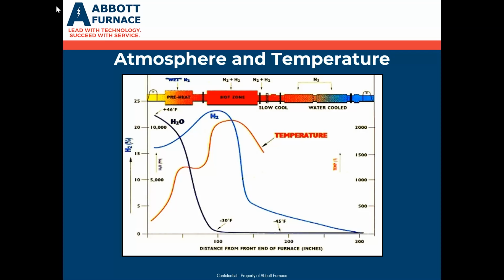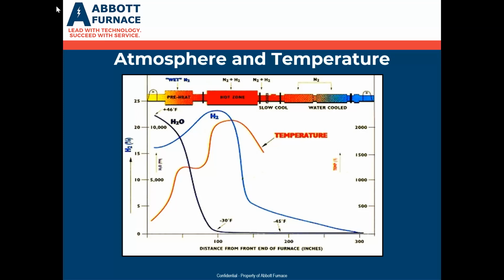So here we'll talk a little about the atmosphere and how it relates to the zones of the furnace and the temperature. Where we saw the graph, as we enter the furnace into the preheat, our temperature is gradually increasing, and if we're talking about sintering, this is where we're going to remove those lubricants and flush those vapors out of the furnace.